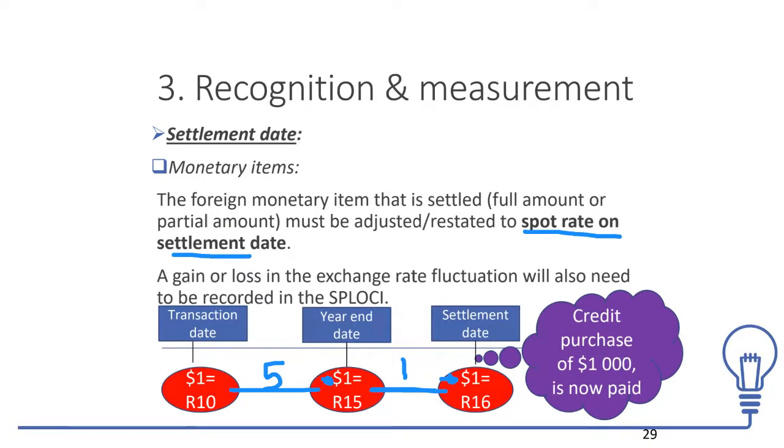We're almost done. So again, now, when we have a settlement date, settlement date is when you pay the creditor. So we've got this creditor. We recorded the journal entry on the day that we bought it. That was called the transaction date. Then at year end, we were forced to revalue the creditor only, not the inventory, the creditor only.